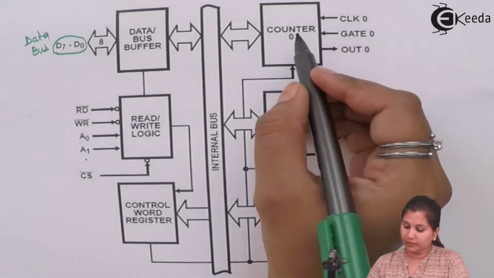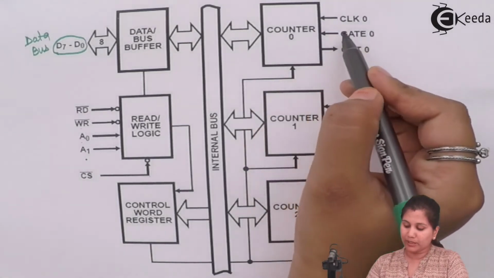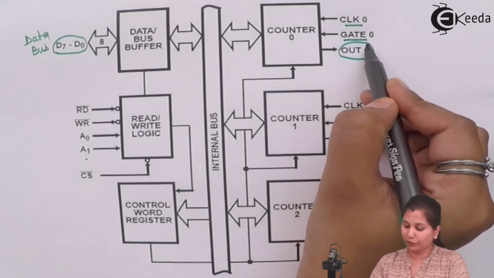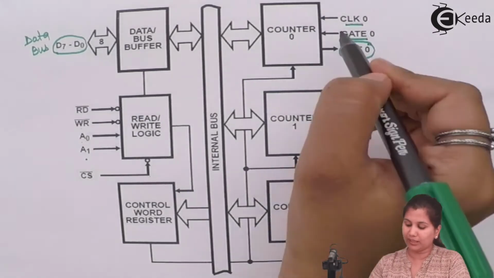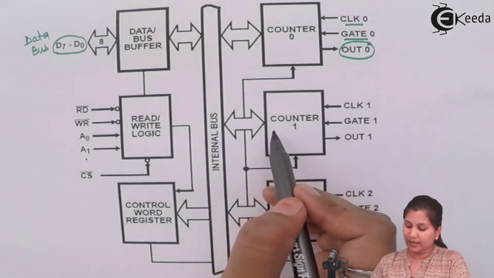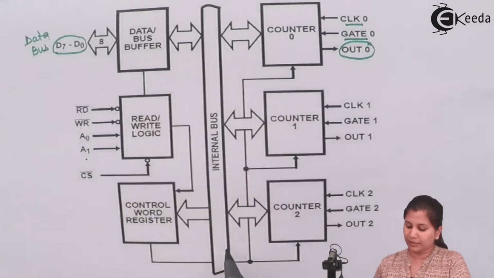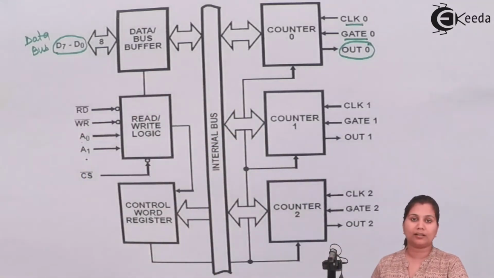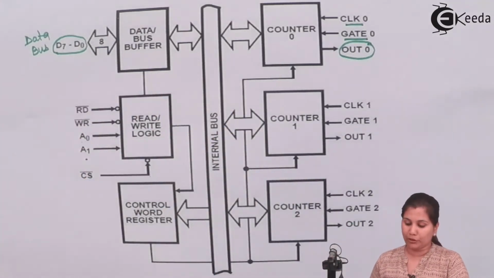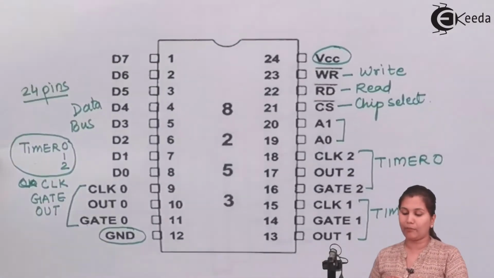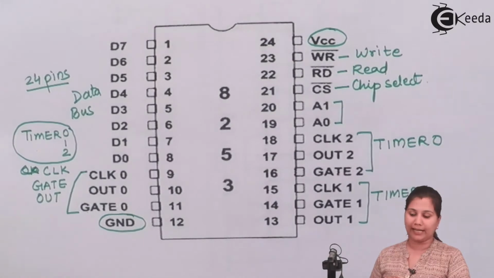The counters have two input signals, clock and gate, and one output signal, out. For each of the timers we have three signals associated with it. The counters are connected to the internal bus so that data can be transferred easily between the various blocks. So this is the block diagram, and the earlier one is the pin diagram of the 8253 IC.